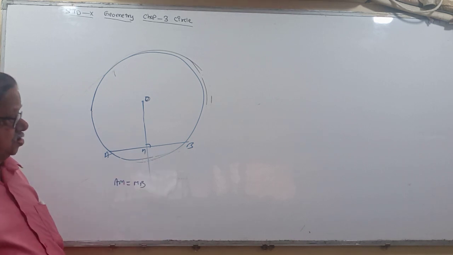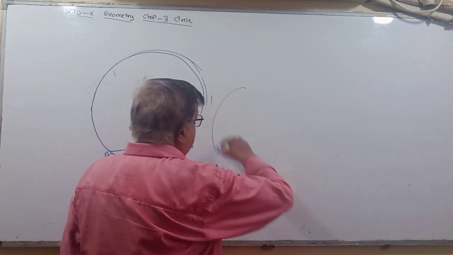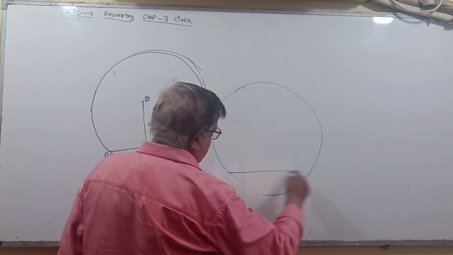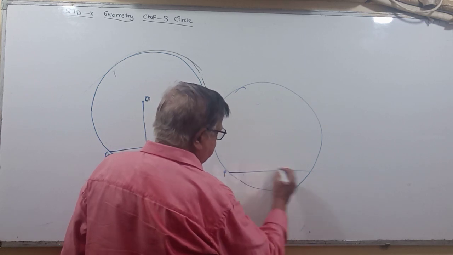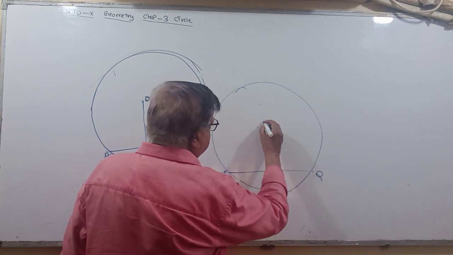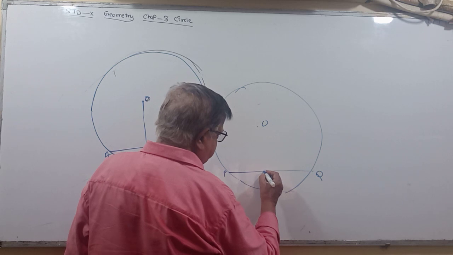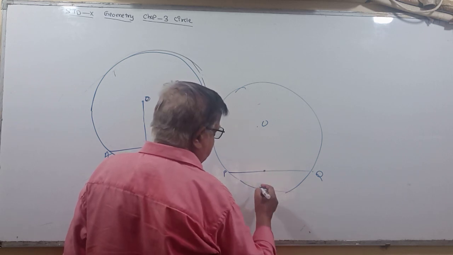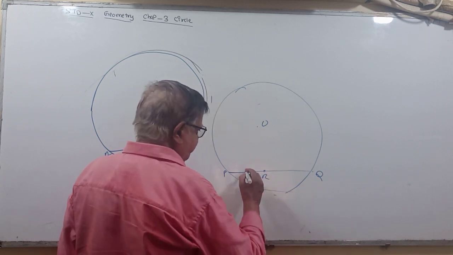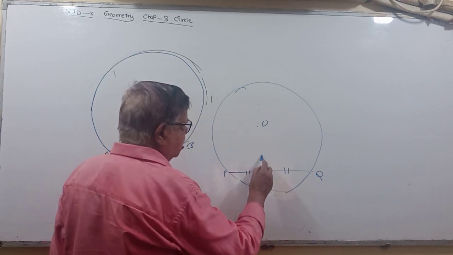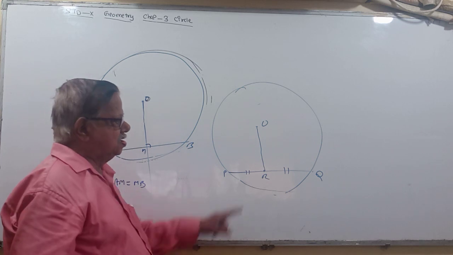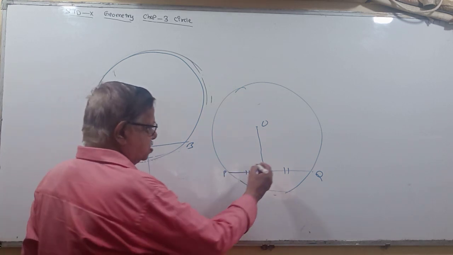The converse of this, I will say briefly. Suppose there is a chord PQ here and O is the center. If I take the midpoint, suppose R is the midpoint, and join the midpoint to the center, this angle will be 90 degrees.